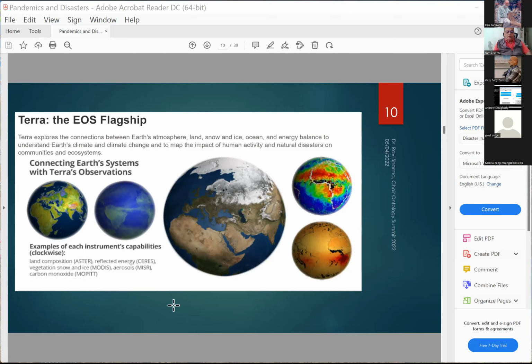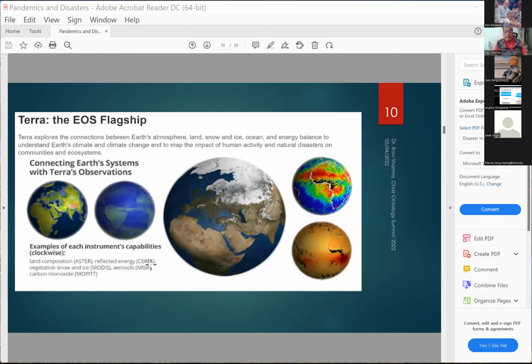So the first satellite we saw, which looks at land, some kind of radiation and landforms and carbon monoxide, is Terra, the Earth-looking satellite. There are 3: Terra, Aqua, and Aura.